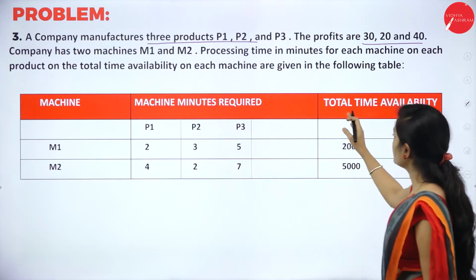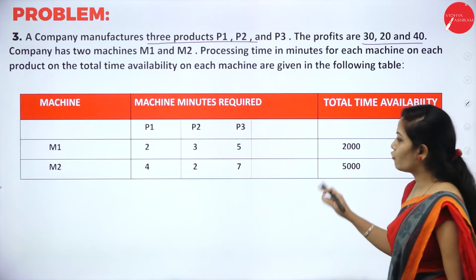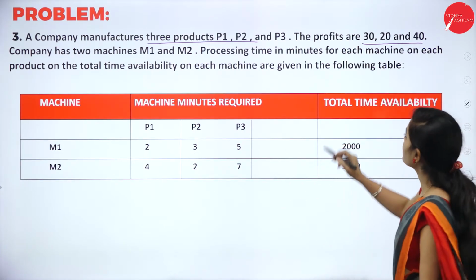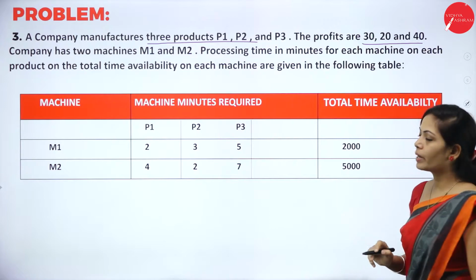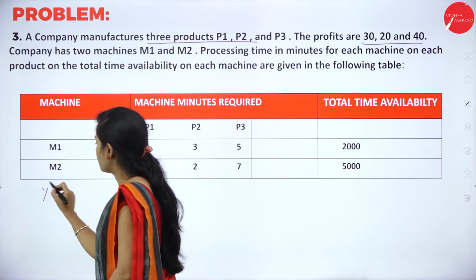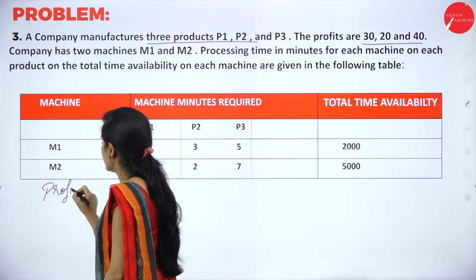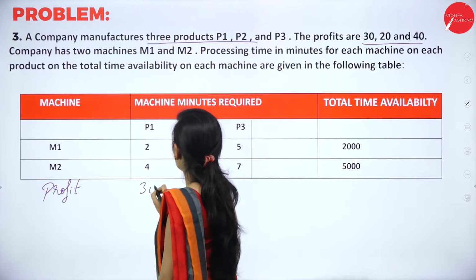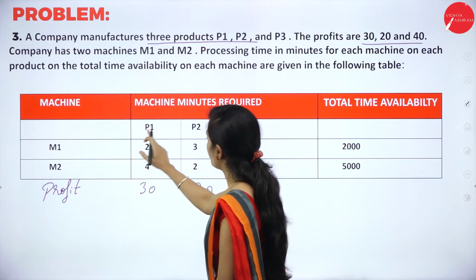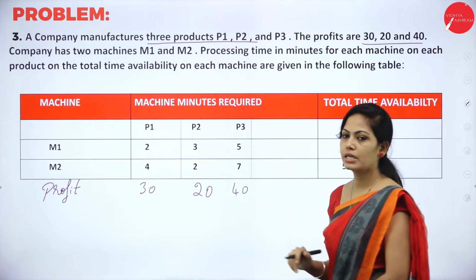Here they have given the total time availability for the 2 machines. The profits are 30, 20 and 40 for product 1, product 2 and product 3.